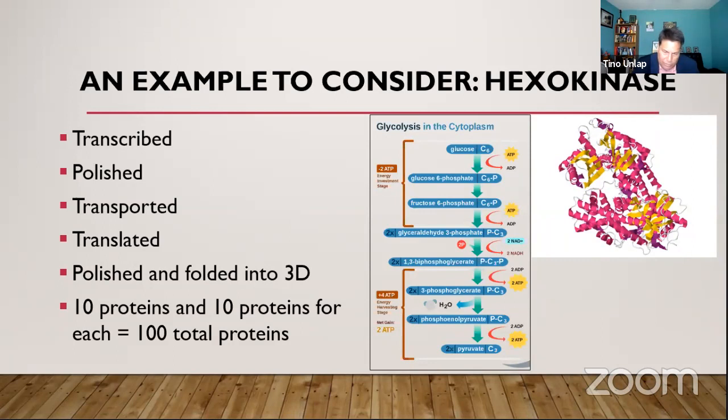A lot of cellular machines are involved in that translation process. Then when that machine is made, it's not finished yet. It is polished, it is folded into its 3-dimensional structure, and then it is carried by other proteins to its destination, where it needs to be.